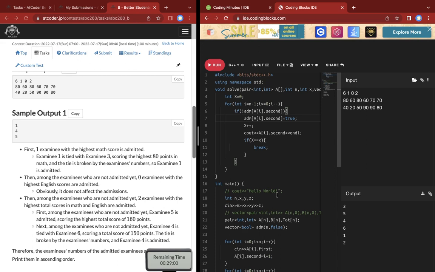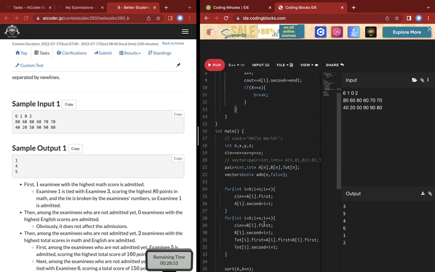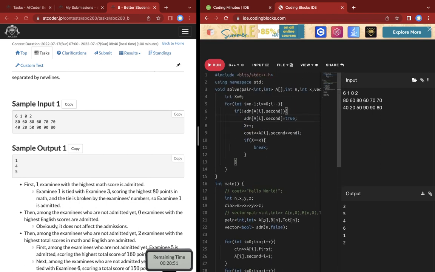How is it printing out so many integers? Okay, now kind of it's working for X equals 0.